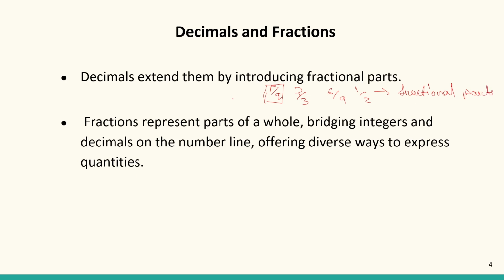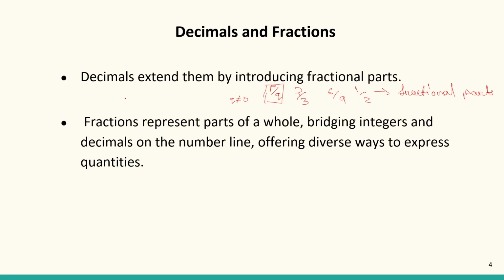And observe here that q must not be equal to 0. If q is equal to 0, the fractional part is actually undefined. So the number written of this form, p by q, where q is not equal to 0, is called a fractional number.